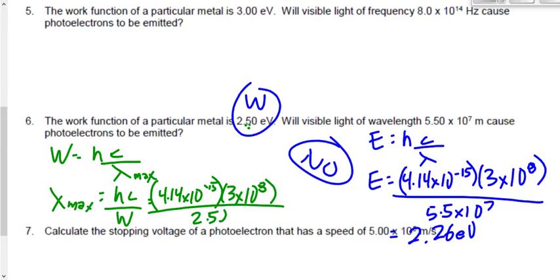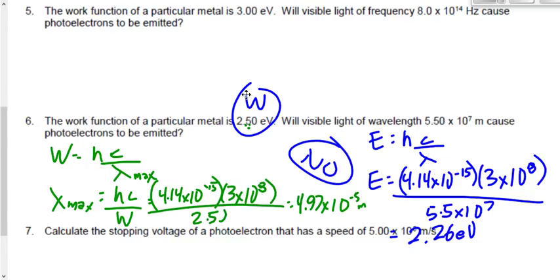So we're going to say 4.14 times 10 to the minus 15 times 3 times 10 to the 8, divided by 2.5, gives me 4.97 times 10 to the negative 5 meters.